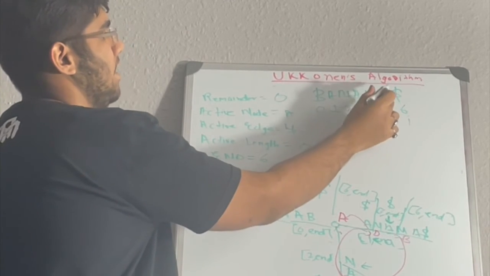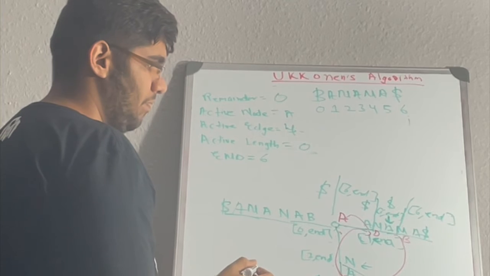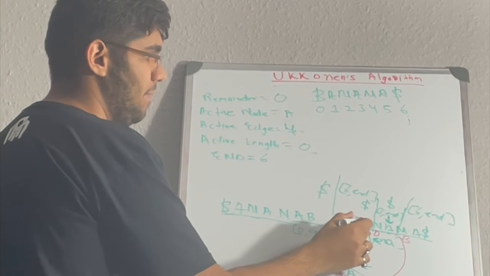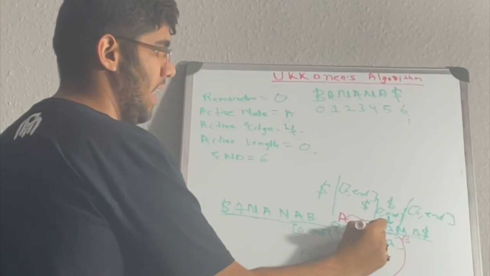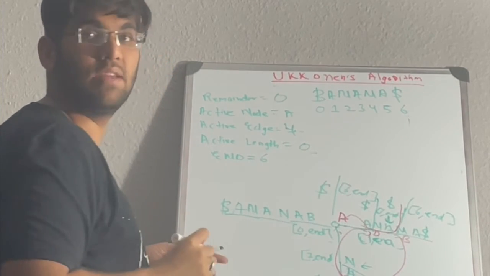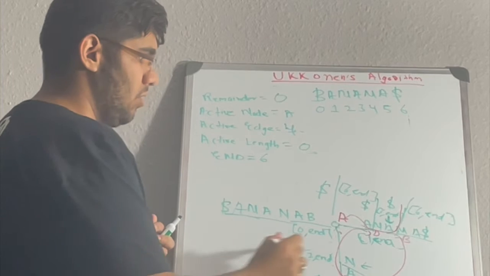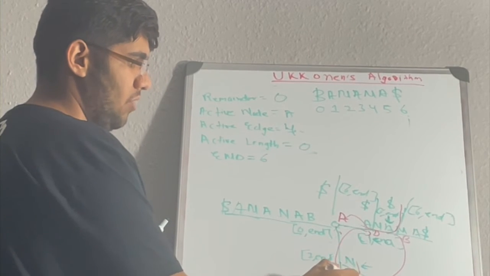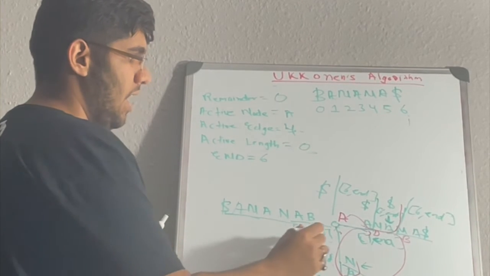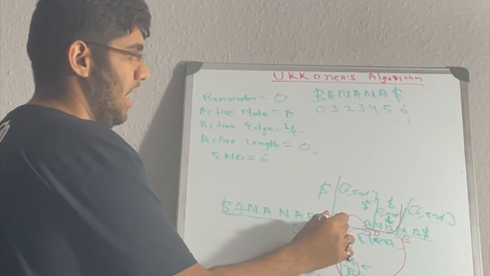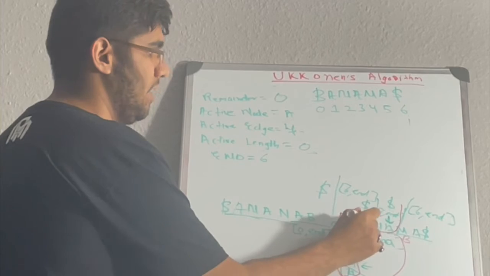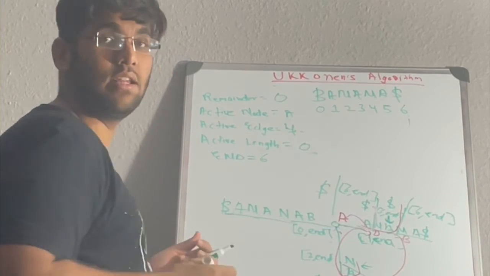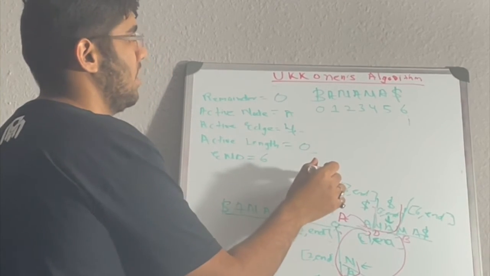Now A dollar, we also have that. Now NA dollar, we also have that, and then finally A dollar, as you can see, and lastly the dollar itself.